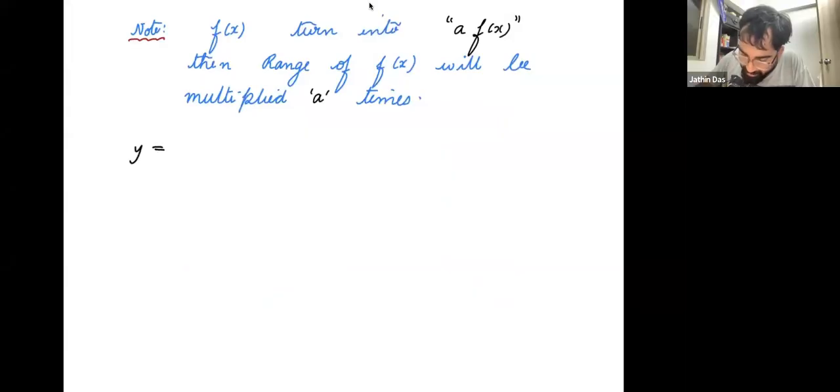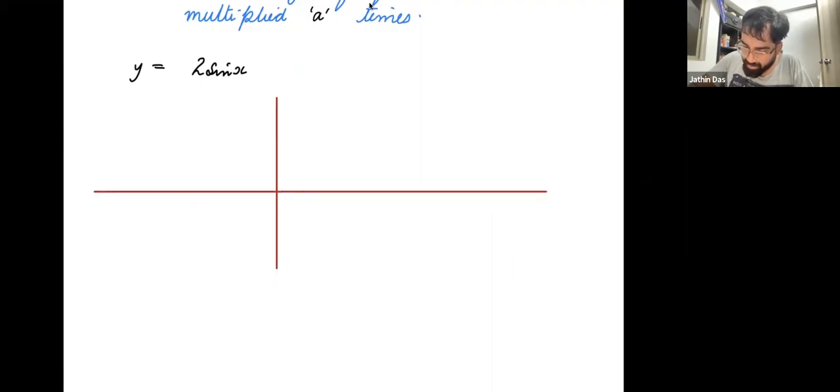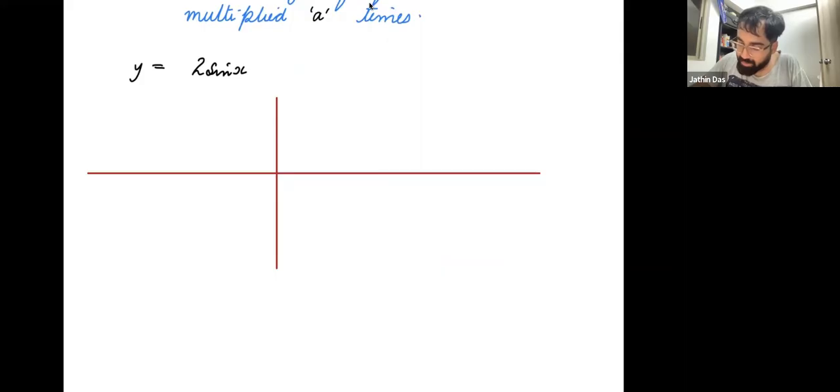Okay, done. So I'll tell you the meaning of this. Suppose I'm writing y is equal to 2 sin x. Here the same sine curve will be there, but think like this: the value of sin x is going from -1 to 1.